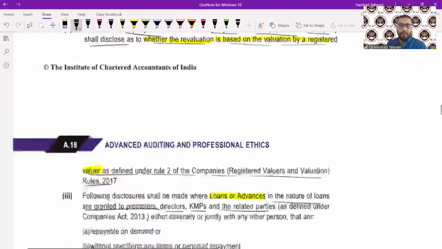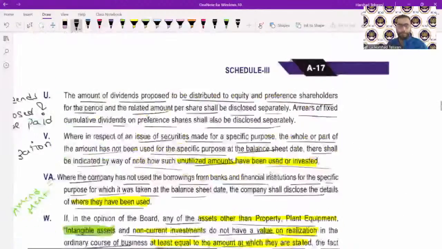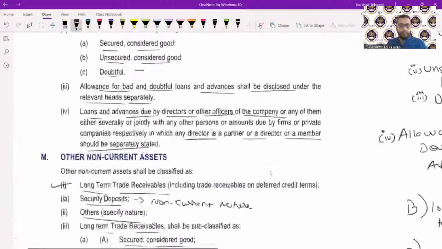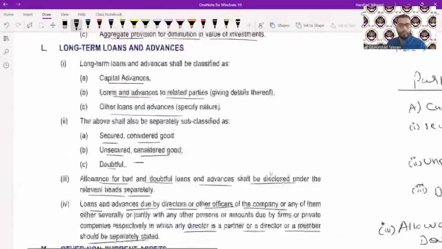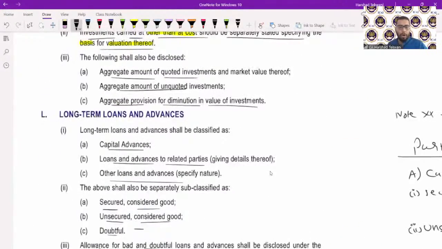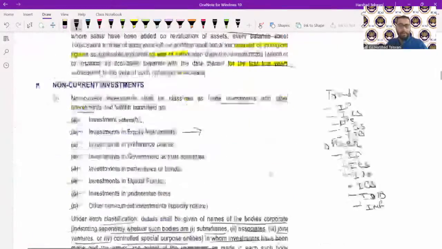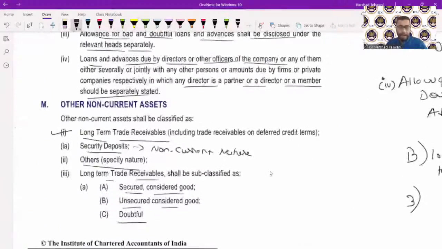Where? I'll show you. See, loans and advances to related parties. We already provided the details, the disclosure for the loans and advances to the related parties.